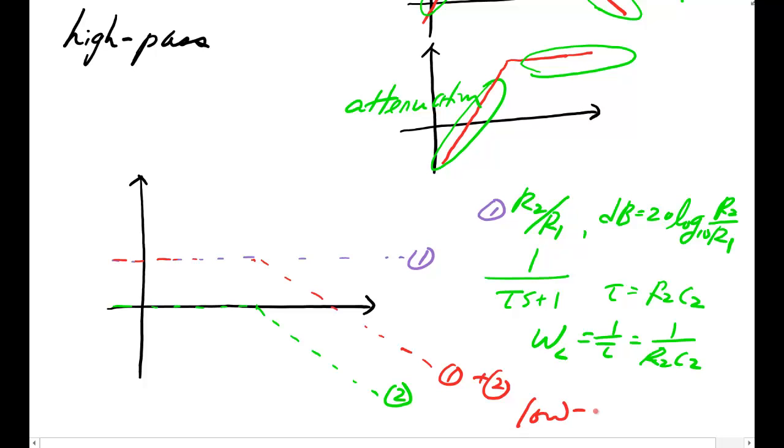Why? Because we let the low frequency component pass, or you didn't attenuate the low frequency component, but at higher frequency we start to have a decay. That's why we call it a low pass filter.